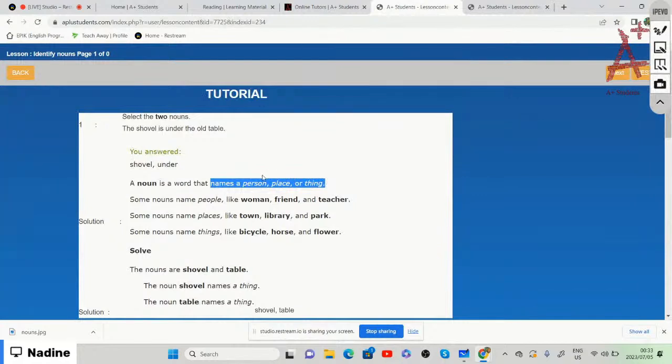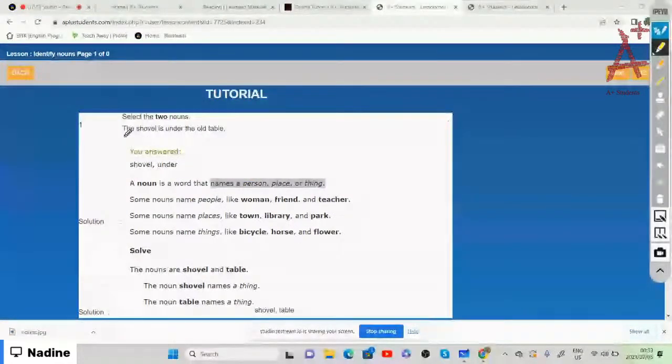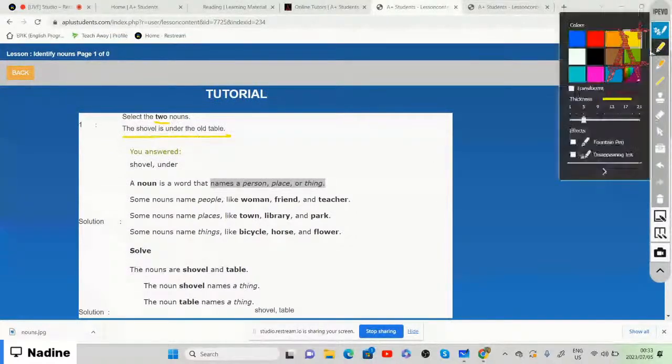If we look at the first sentence, here it says, the shovel is under the old table. We need to identify two nouns within the sentence. They want us to identify two nouns within that sentence, right?